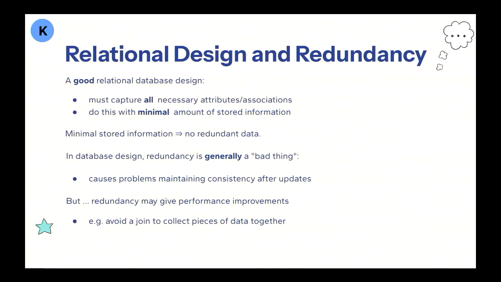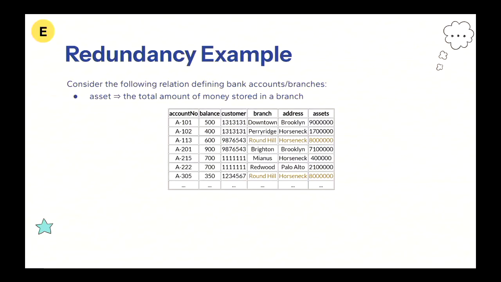But for materialized view, we are actually using it as a normal table, so it would be much faster. So in some cases, redundancy may give us performance improvements. So this is the mechanism here. However, in general, it's a bad thing, and we will show you with an example of why redundancy could cause problems.